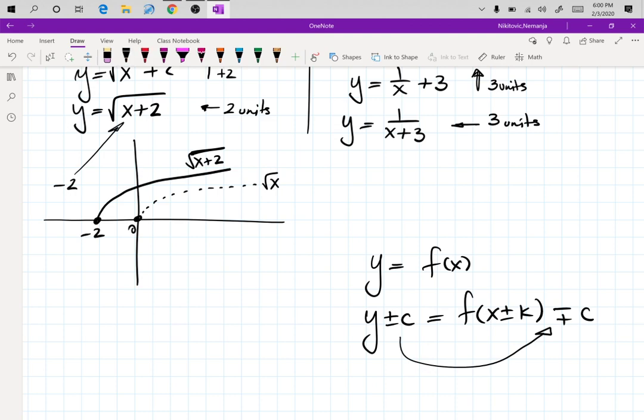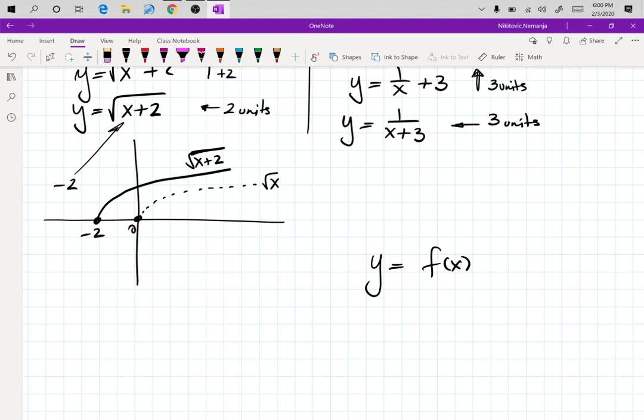So if you want the whole thing to have opposite signs, then keeping it on this side with the y, plus would be down, minus would be up. But when you move plus c to the other side, it becomes minus c. And when you move the negative c, it becomes plus c. And then it's plus with the up. And so it's a little bit confusing right now. So that's why I want to hold off on these kind of things.